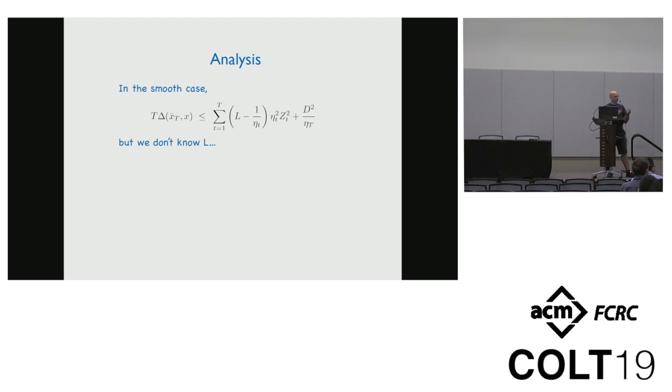But the trouble is that we don't know the smoothness parameter, and one of the main ideas in the analysis is to split the sum up to a point where 1 over the learning rate is larger than twice the smoothness parameter. And if you massage it a bit and do enough algebra, then you get the result that we talked about. Okay, so basically that's it. Thank you.